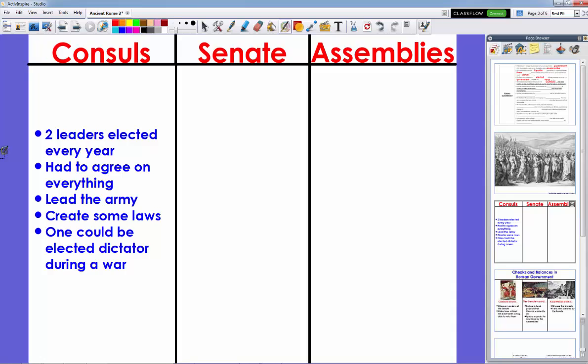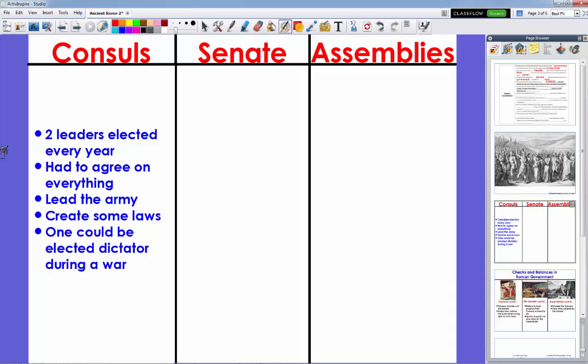And if you remember from the last lesson, we talked about the Roman Republic, that if Rome was ever in a time of war, one of them would be chosen to be a dictator during the war. And if you remember, during the Roman Republic, the dictator was the guy who would lead Rome with executive, absolute powers for only six months at a time.